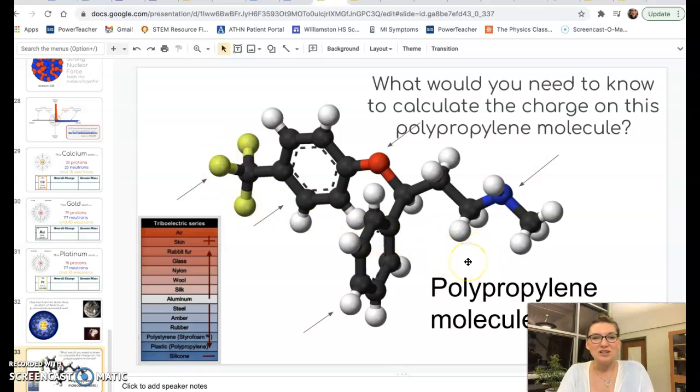So you would need to know a lot of things to find out the charge on this polypropylene molecule. You want to know how these atoms are sharing their electrons, what they're going to give up easily, what they're not going to give up very easily. There's a lot that goes into that, and that ends up being what you learn in chemistry. So we'll leave it at that for right now.